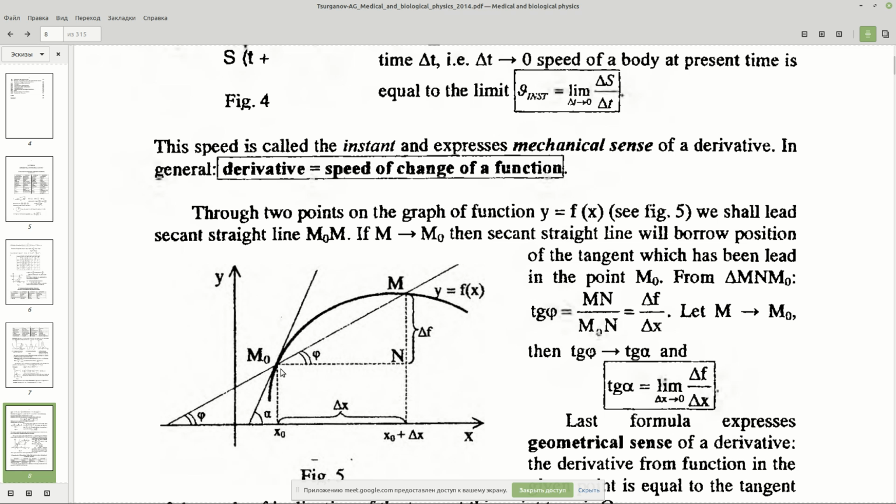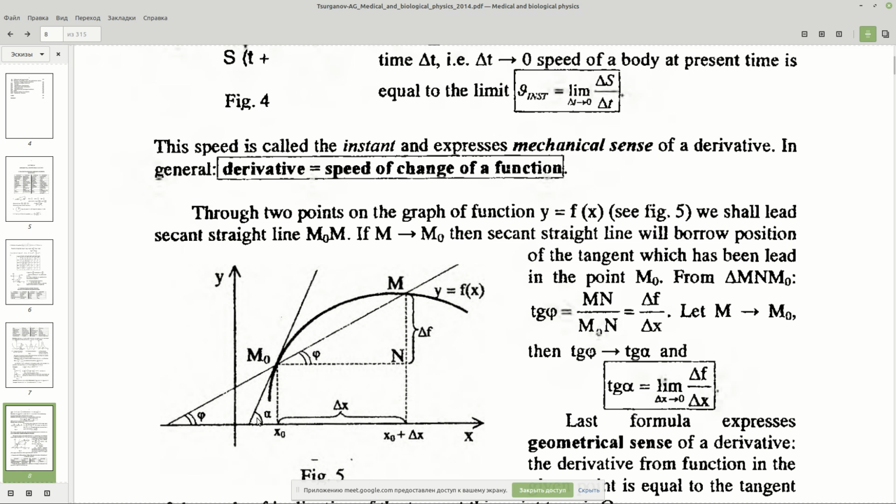This is the angle of the slope at M0, and phi here, and it's more convenient to take the difference between them where they cross the x-axis. So we have the tangent of alpha, which will be the limit as delta x goes to 0 of delta f divided by delta x.